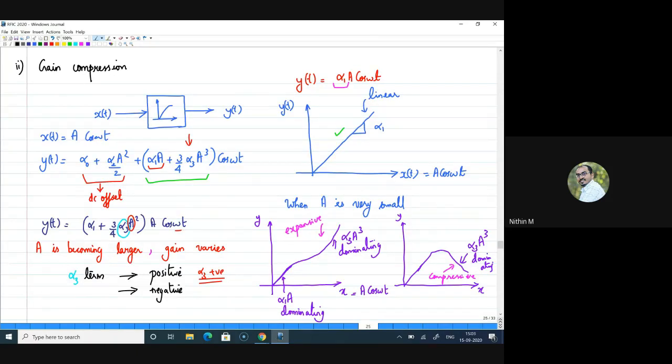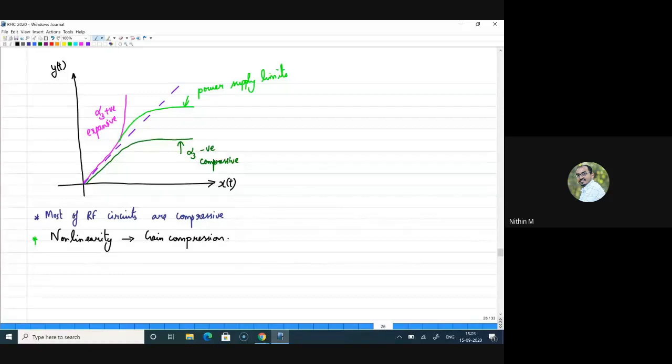For any nonlinear system, your gain will eventually compress, even if some devices show expansive behavior. Due to power supply limitations, whatever response is obtained from the device, ultimately your gain will compress, and that we studied. This phenomenon is called gain compression.